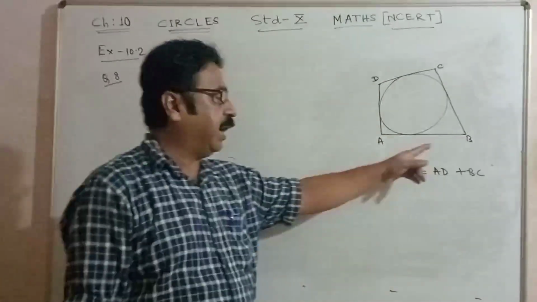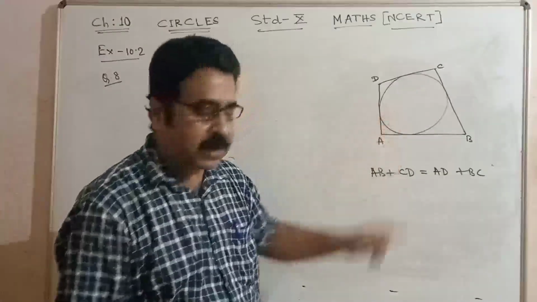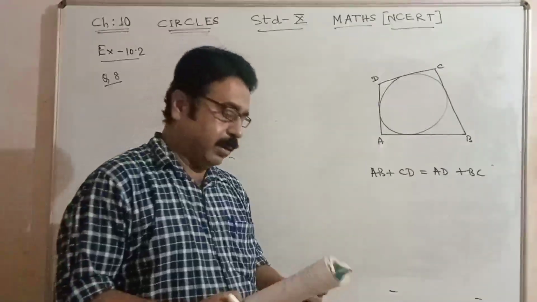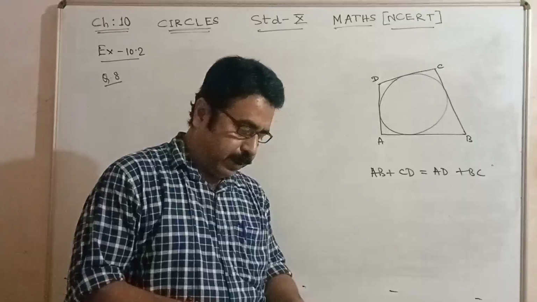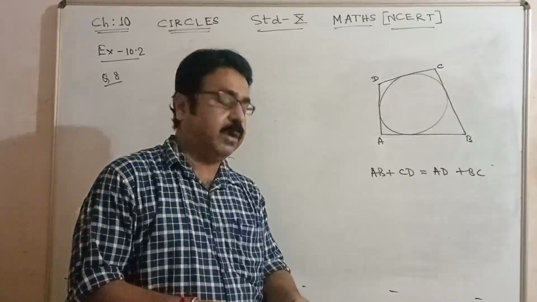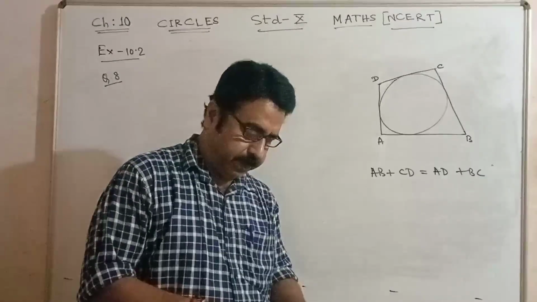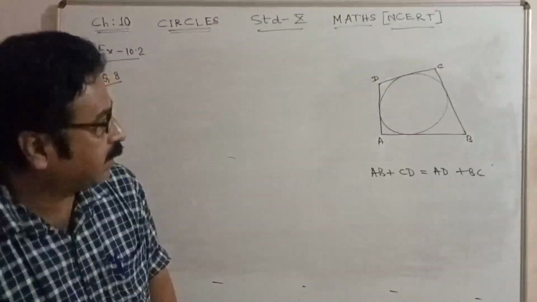This is a quadrilateral ABCD circumscribing a circle. To prove AB plus CD equals AD plus BC.